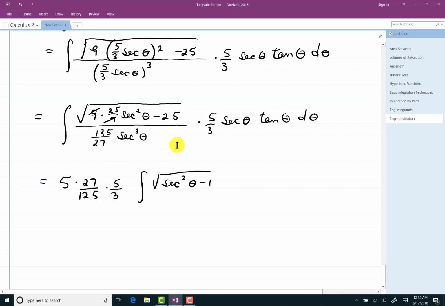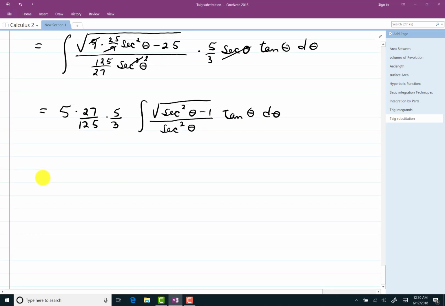I noticed here I can take out one secant and make it a secant squared and take that out with it. So I'll have a secant squared, and then I'll have a tangent theta d theta.